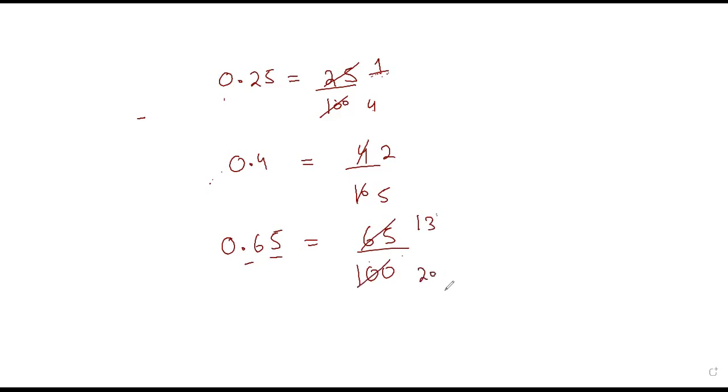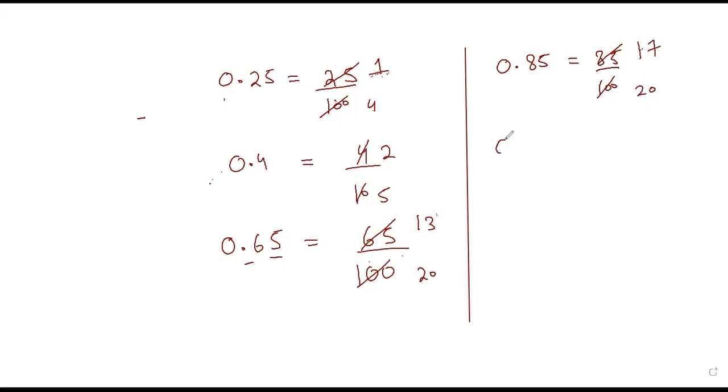So 13 by 20 is the fraction. Let's talk about a few more questions quickly. The next one is 0.85. I can write it as 85 divided by 100. Again, I can divide by 5. 85 divided by 5 is 17, and this is 20. So it would be 17 by 20.